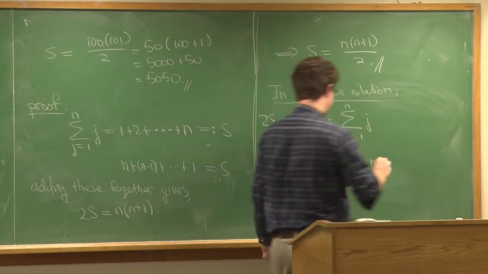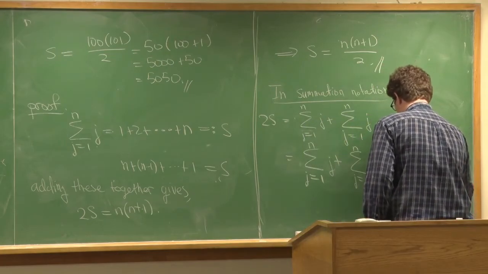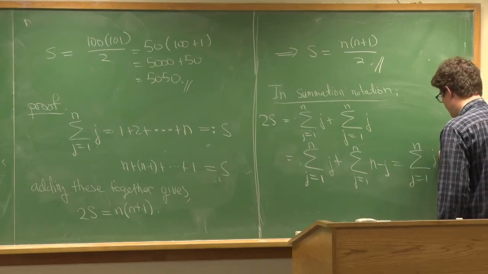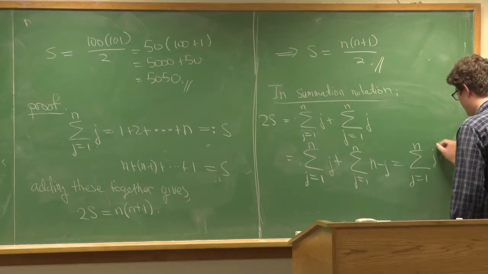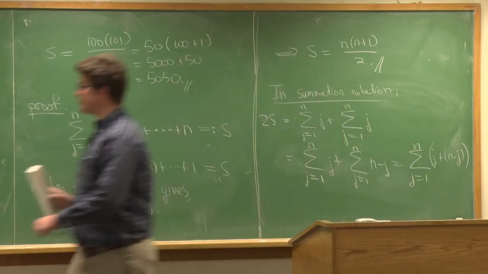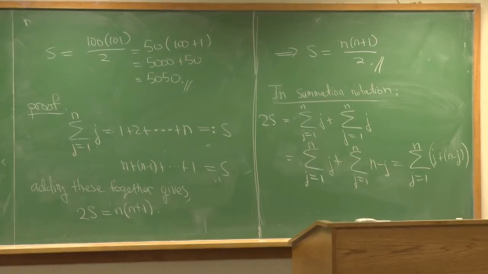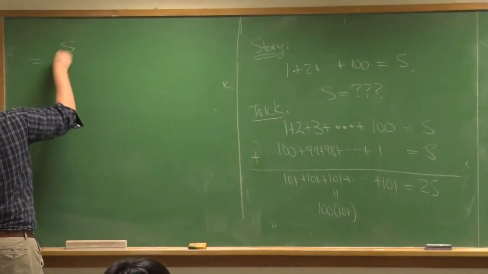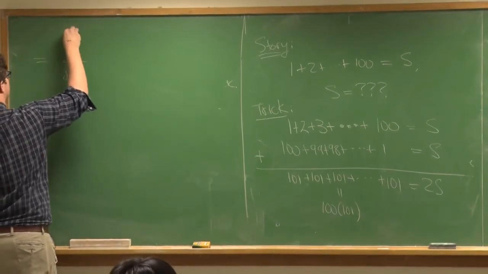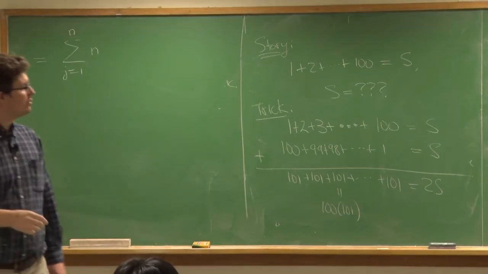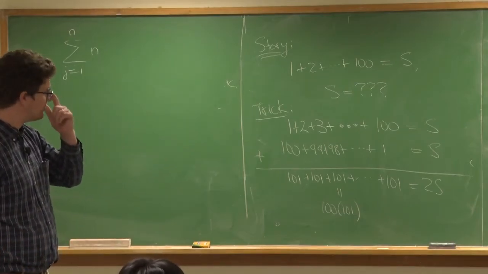So that was the trick, that these two things are the same. And then you can add them together. Sum of j equal to 1 up to n here, and now you have j plus n minus j. So that's one way of writing this. So this is equal to the sum from j equal to 1 up to n, and then this is here n, because we're just adding and subtracting j.